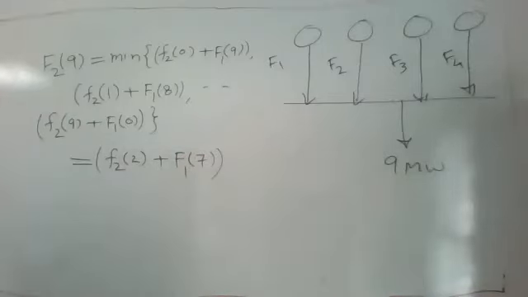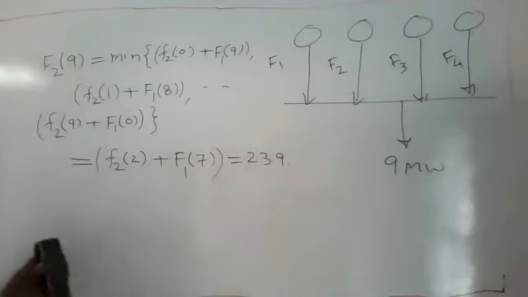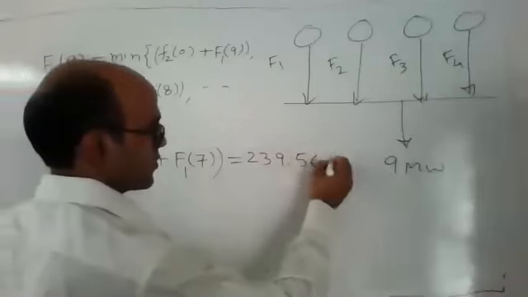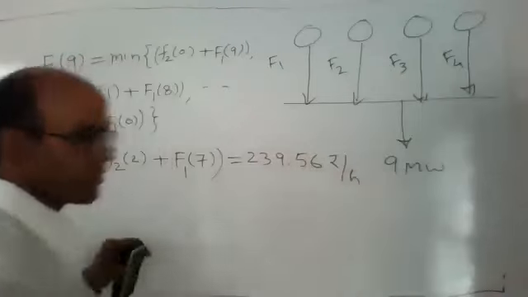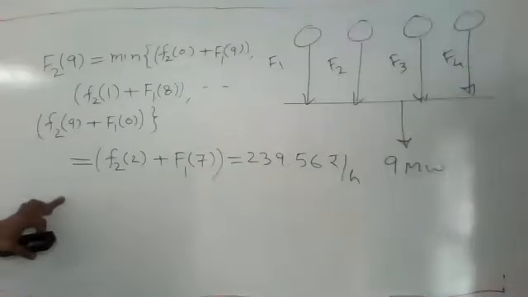This is the minimum number. If you are computing, this comes to be 230.239 point some value, that is 56 rupees per hour.